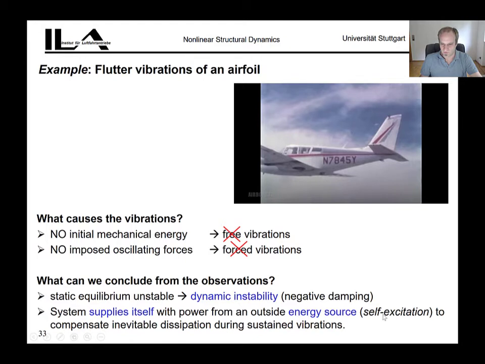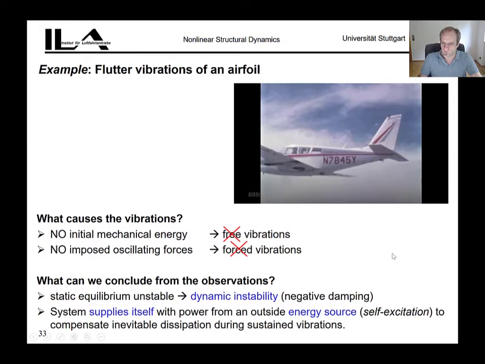So these excitation forces are due to the vibrations themselves, quite in contrast to external forces in the case of forced vibrations. So this is the well-known bending torsion flutter, actually, that you see here in the airfoil.